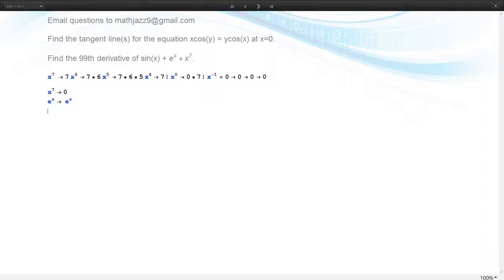And then we need the 99th derivative of sine. Well, the derivative of sine is cosine, which goes to negative sine, which goes to negative cosine, which goes back to sine.